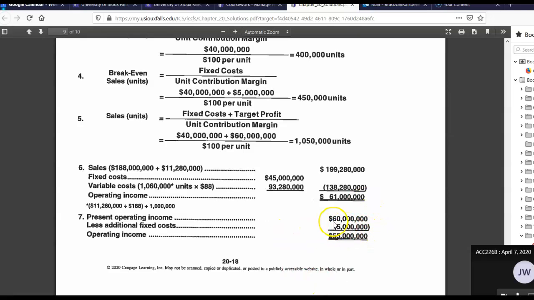Well, currently our operating income is 60 million, just doing exactly what we've done in the past, but now adding another 5 million in costs, we're still 55 million to the good. The banks would love to see this proposal because it shows we could still lend you all of that, and yet if everything falls through, of course you're losing 5 million, but you're still above water.